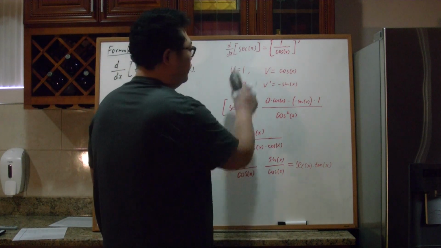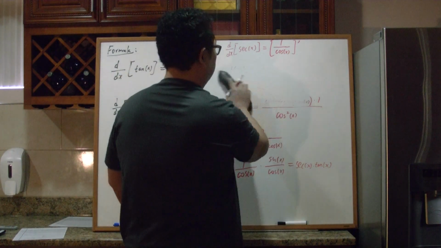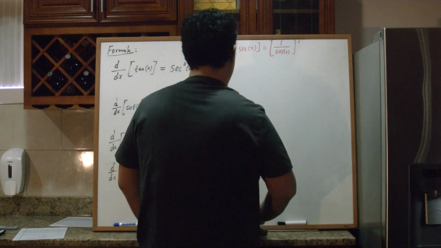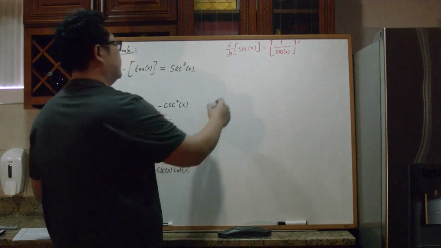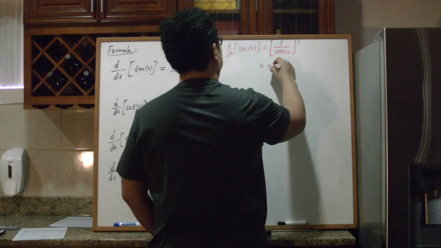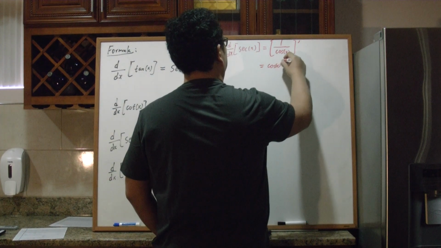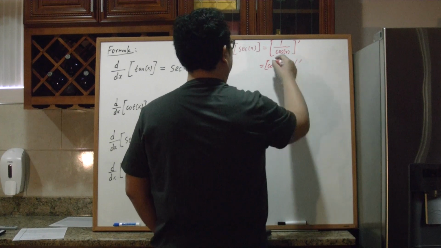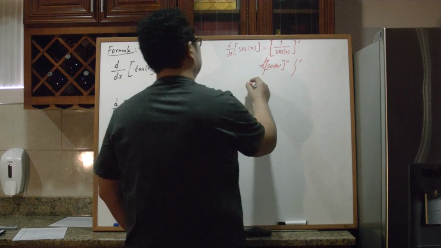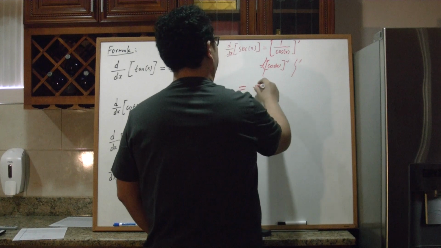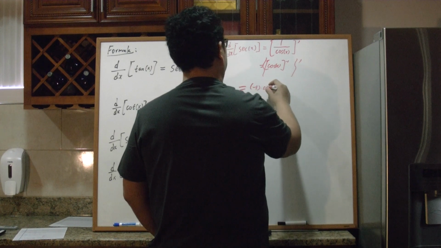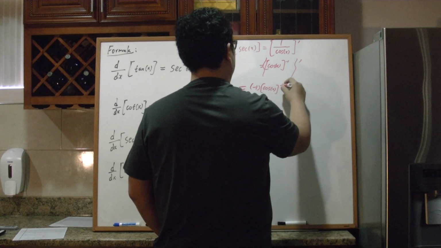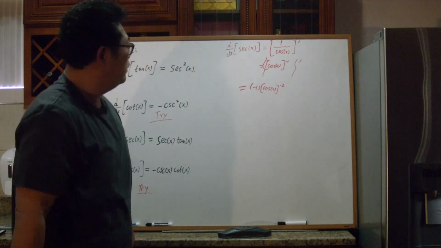But if we don't follow this quotient rule, well, let's see what will happen. We should get the same secant tangent, but that is the cosine x to the negative 1, then derivative. Which we have negative 1 there, then times cosine of x to the negative 2.